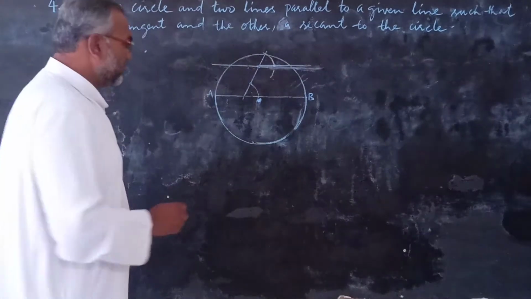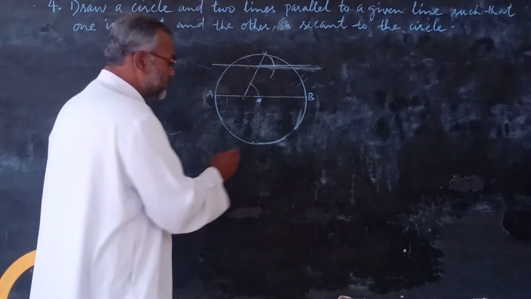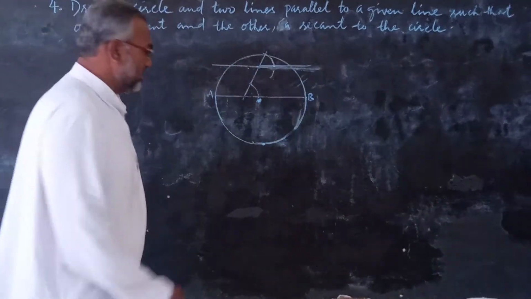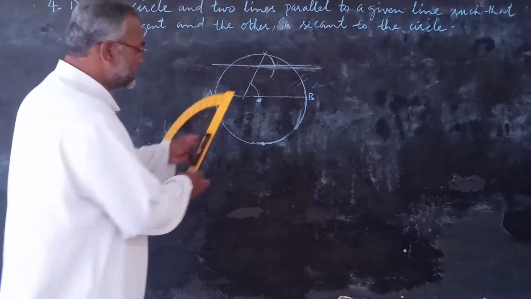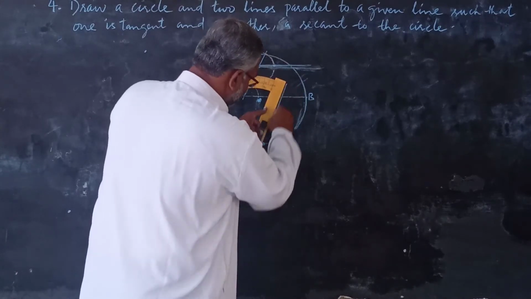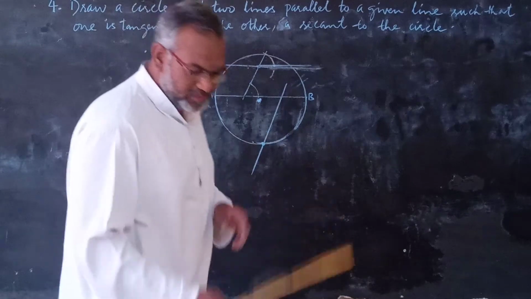In the same way, we have to draw a tangent. A tangent must pass through a point and just touch the circle. Let's say the point is here. Now the procedure is to join the line and this line. Right? Okay.